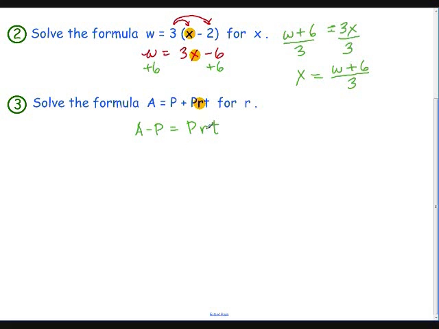Now I've got my r times P and t. So let's divide both sides by P t. This becomes a 1. This becomes a 1. And I end up with r equals A minus P divided by P t.